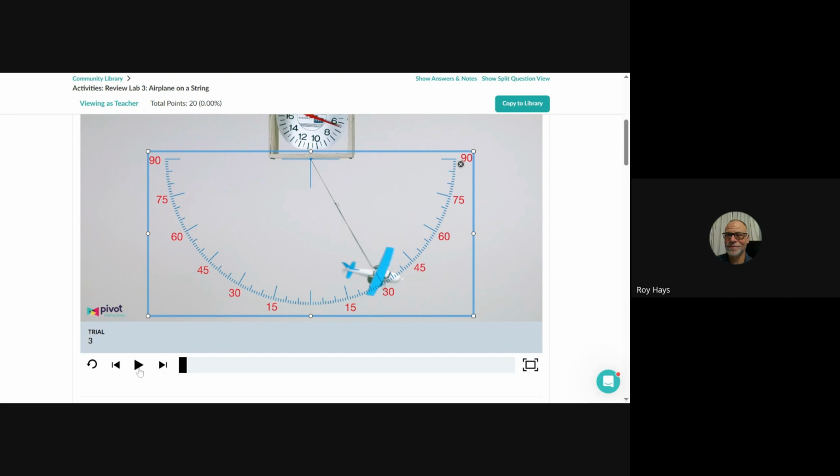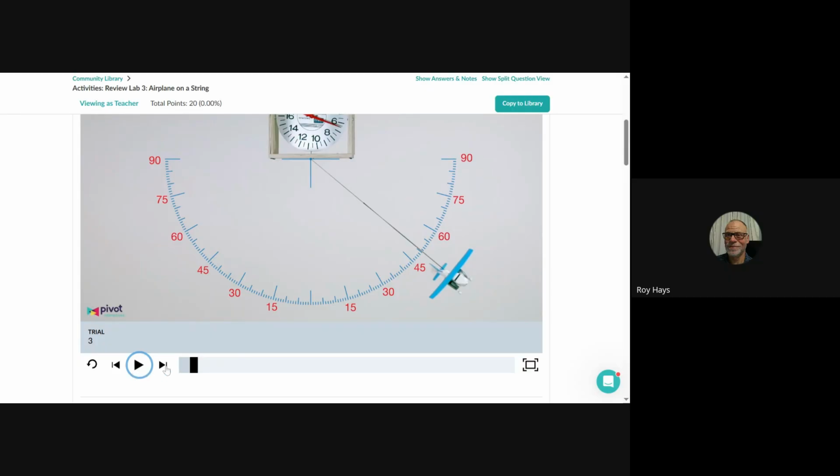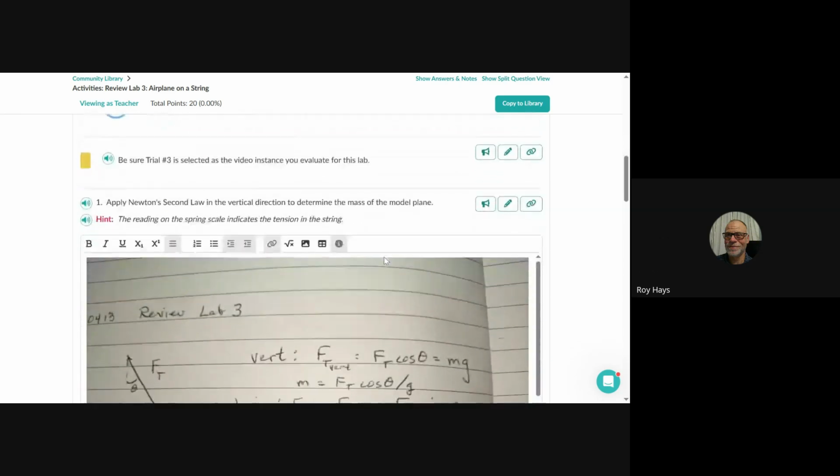The correct angle that you need to be measuring is here when it is either at its furthest to the right, or here when it's furthest to the left. In either case, that's about 52.5 degrees. So make sure that you are making your correct measurement, about 52.5 degrees.